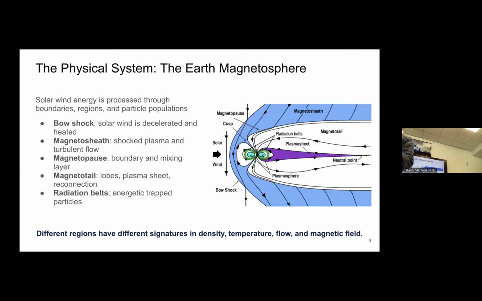The magnetopause is one of those regions where people are looking for magnetic reconnection. You have a very asymmetric configuration, with different intensities, different magnetic fields, and then you have this boundary layer, which is very likely the region where you are looking for magnetic reconnection.